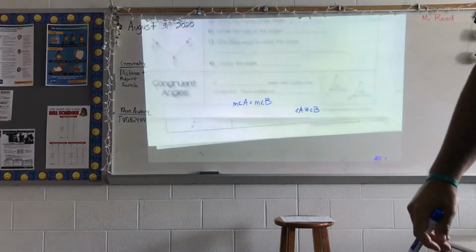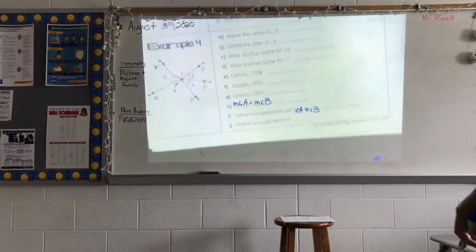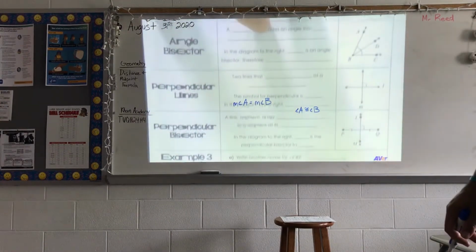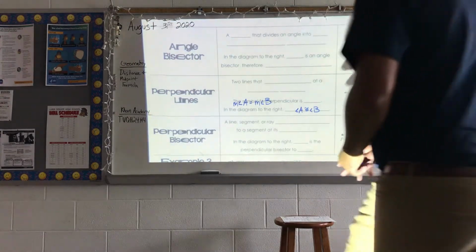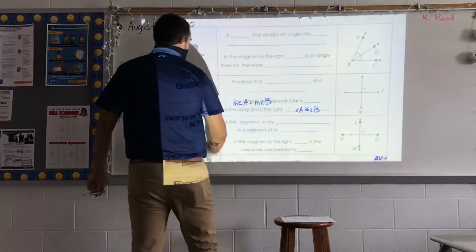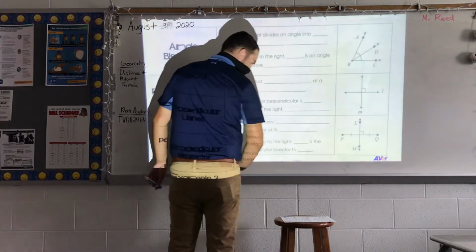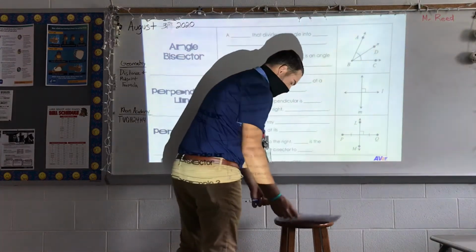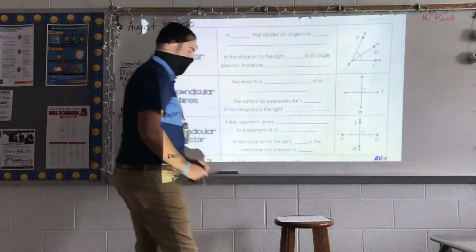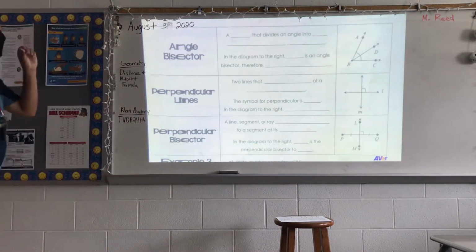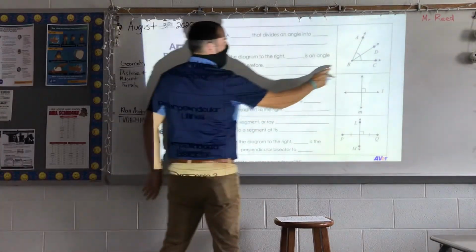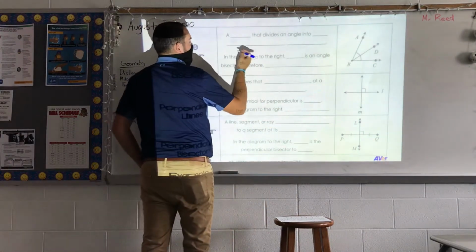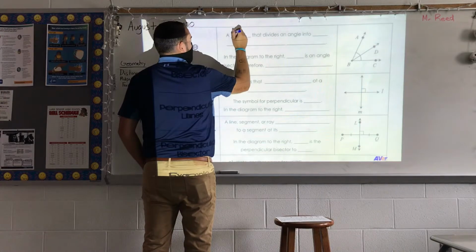Okay. Flip it over to the back. All right. We kind of talked about a bisector last week, a little bit, okay? So, we also talked about what this was already. What is this called? Not a line, but comes from the sun. Ray.